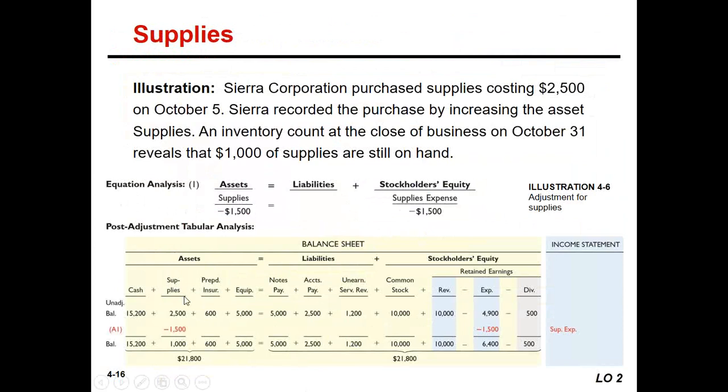So we need to reduce our supplies by $1,500, and we're reducing our equity by increasing our expense by the same $1,500. So our entry balances, we've got an ending balance in our supplies account of $1,000, which matches what we counted. We also have $1,500 in supplies expense, which is what we determined is what we used.